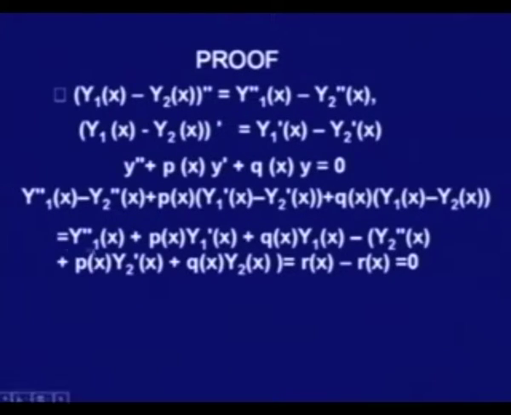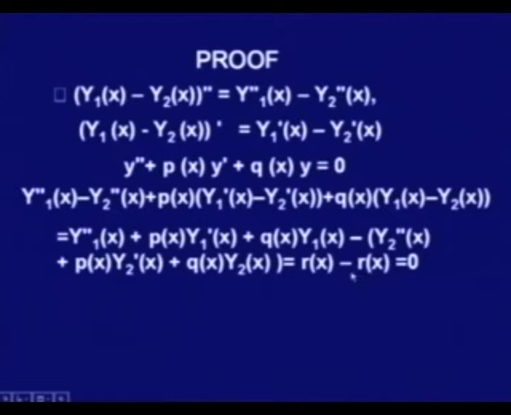Now, the first term which we are having, since capital Y1 is the solution of non-homogeneous equation, that means this first term would be equal to the right hand side of non-homogeneous equation, that is R x. Similarly, the second term will also be equal to R x. That says R x minus R x we will get 0.